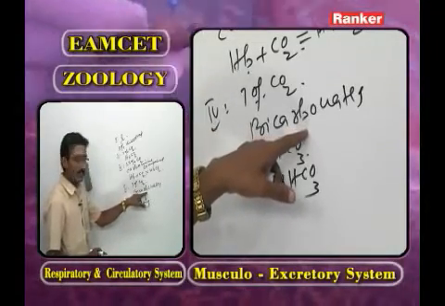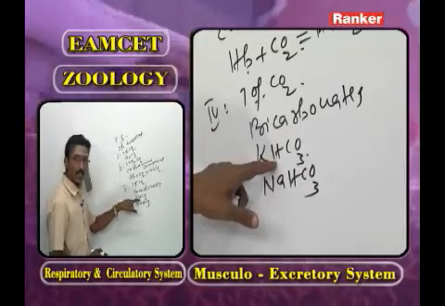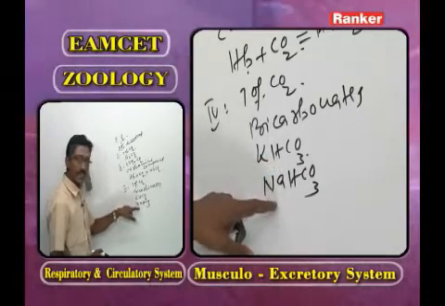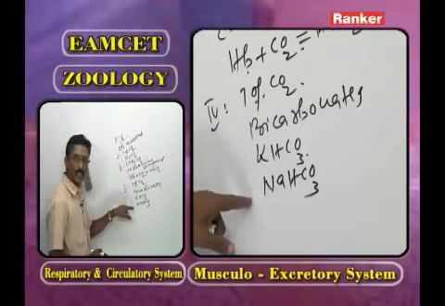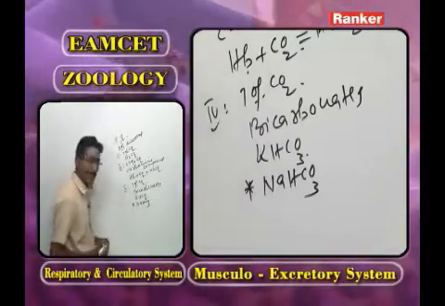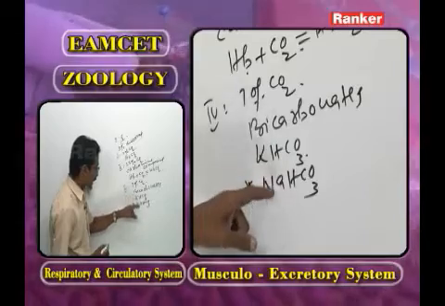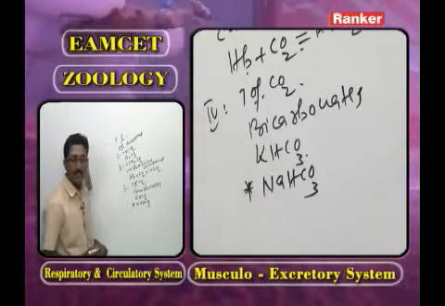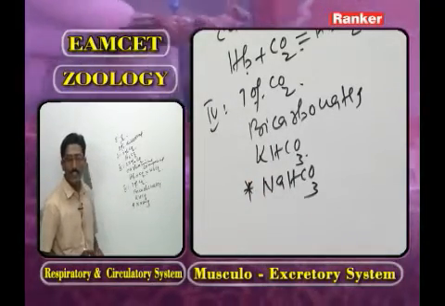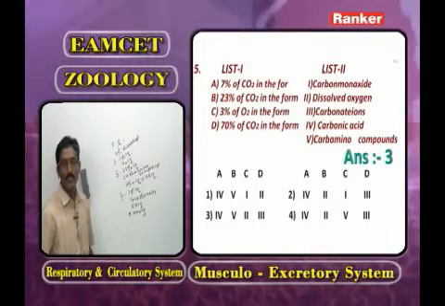Bicarbonates, that is correct. If in the options one is potassium bicarbonate and one is sodium bicarbonate, both are correct. But out of these two, what is the more appropriate? Much of the carbon dioxide is transported as sodium bicarbonate. Based on this information, the correct answer for this question is the third option.